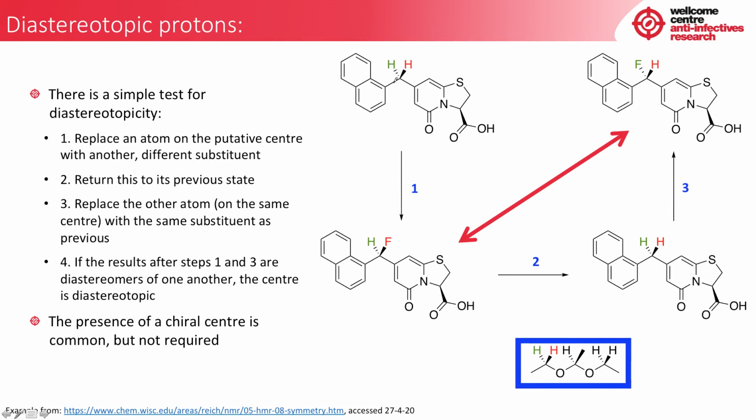So I've replaced this red hydrogen with a fluorine, and that gives us one state. If we then take that back off, so go back to our original molecule, and instead make the substitution on the other hydrogen, we end up with this molecule. If our protons are diastereotopic, these should be diastereomers of one another.